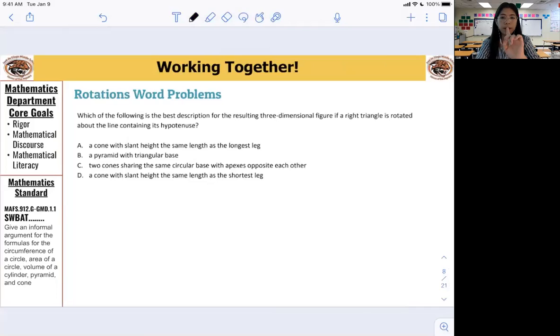I highly recommend that you draw this one out because there's an answer choice that you're probably leaning towards, but I want you guys to try drawing it out and see if it matches what you think it is.